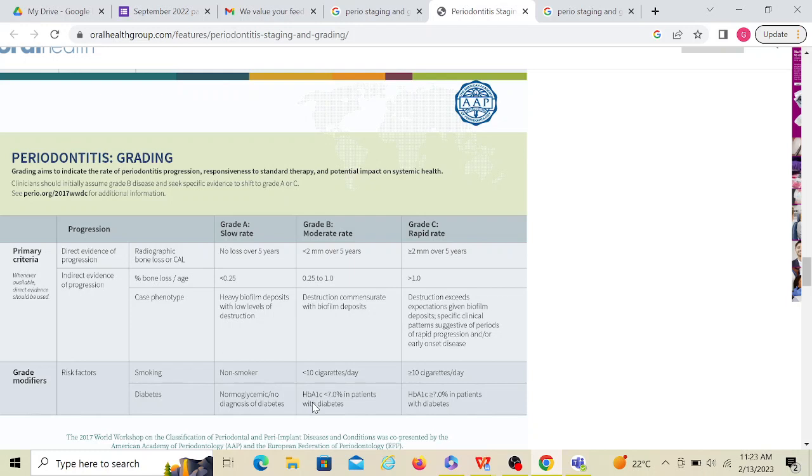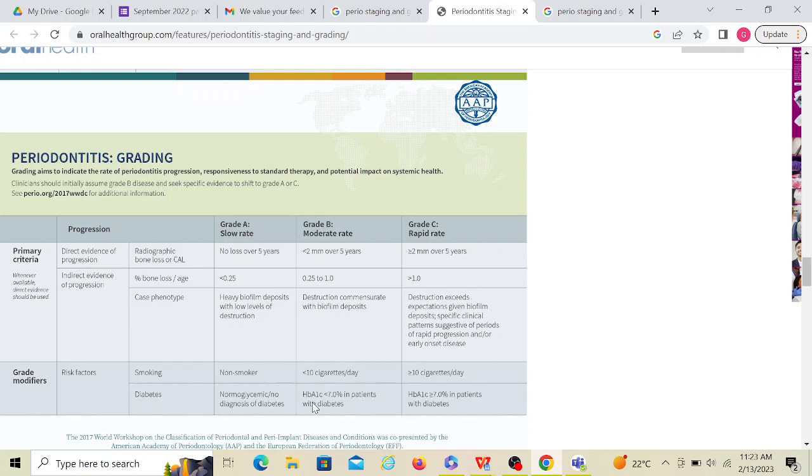Grade B is less than 10 cigarettes per day and HbA1c less than 7%. Understood? That's grade B. So by default, I'm going to classify, even without asking the history, that the patient, whatever stage he is having, is grade B. Now I will ask the patient, do you smoke? He says no. Okay.